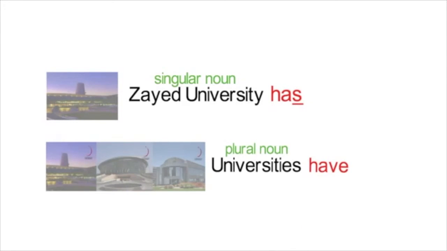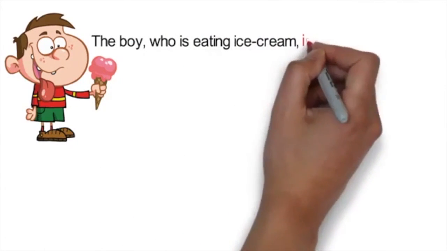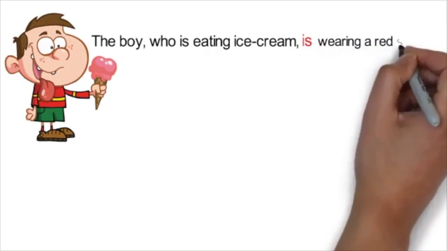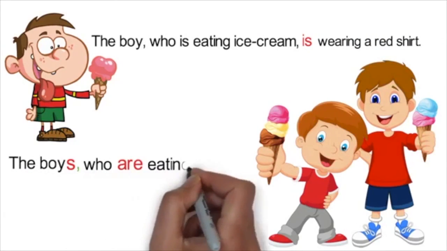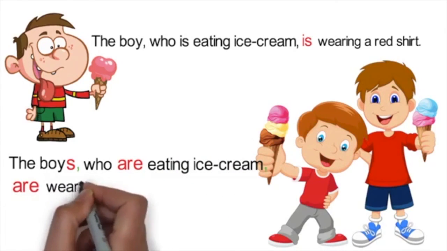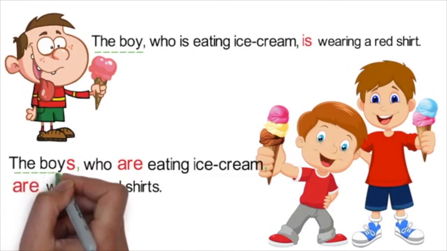Looking back at our first example about boys eating ice cream, we would say, the boy who is eating ice cream is wearing a red shirt. Or, the boys who are eating ice cream are wearing red shirts.